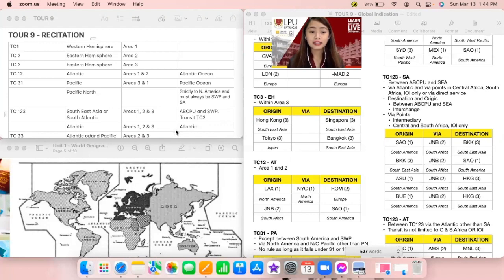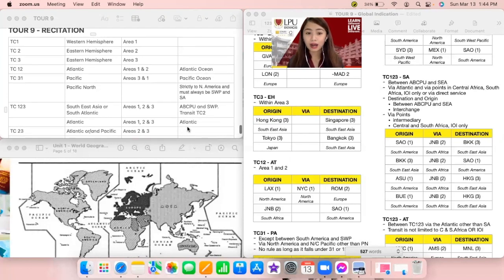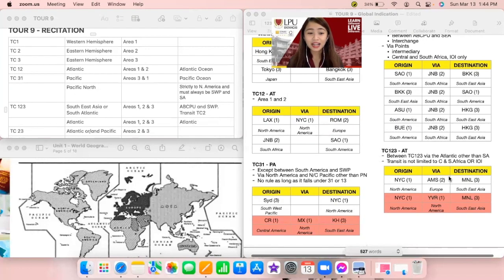Then, for Atlantic, 1, 2, 3 pa din siya. However, ang daan niya is Atlantic Ocean. So, most probably, sa mga parts ng Europe, ganon. Like this one, 1, 2, 3, Europe, ganon.